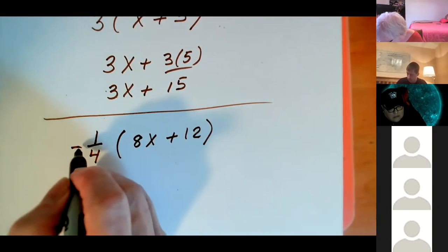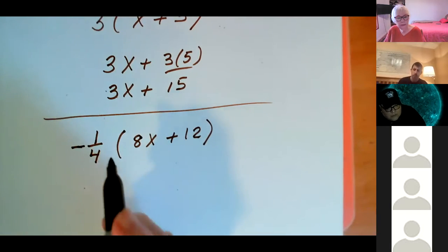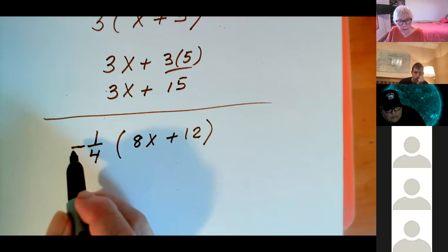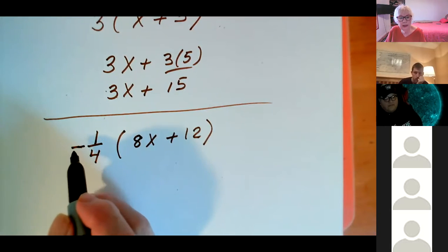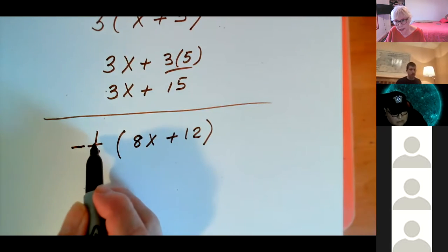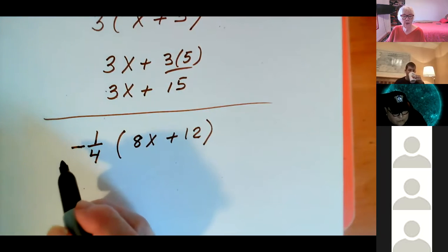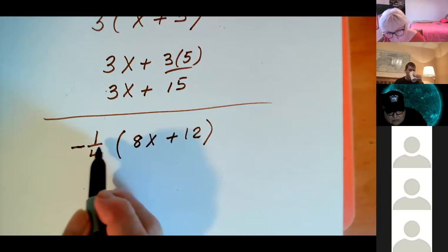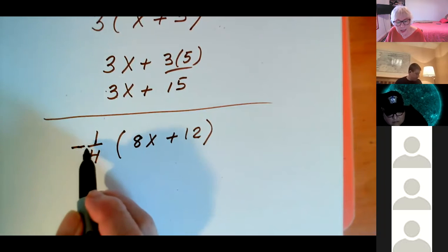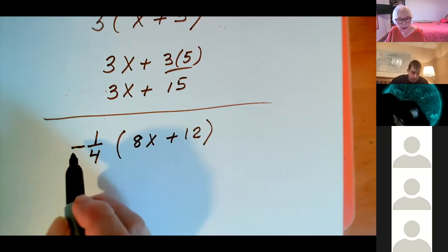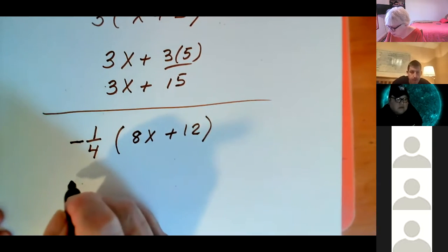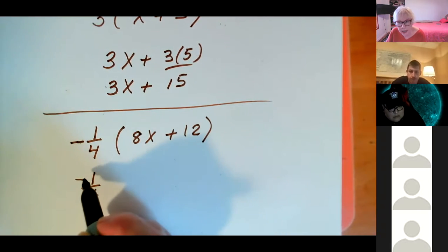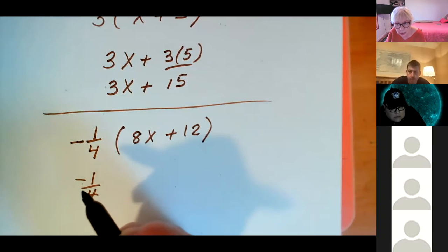Now, here, they put the negative level with this fraction line. But guess what? When my eyes are bleary and so on, I have trouble. I don't always see it very well if I'm too tired. And so I bring the negative here so that it's easier to not miss.